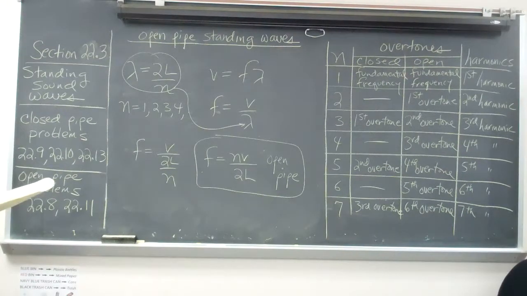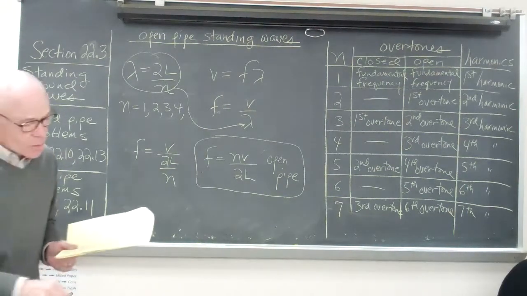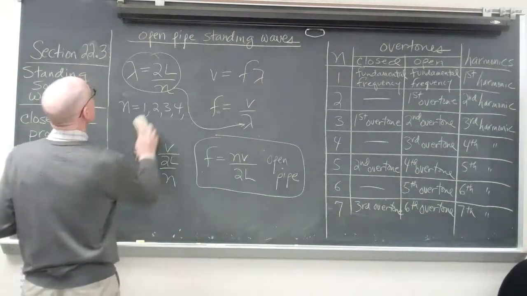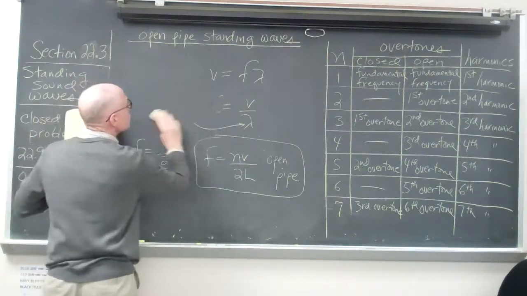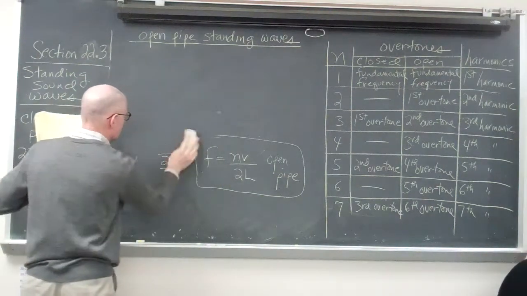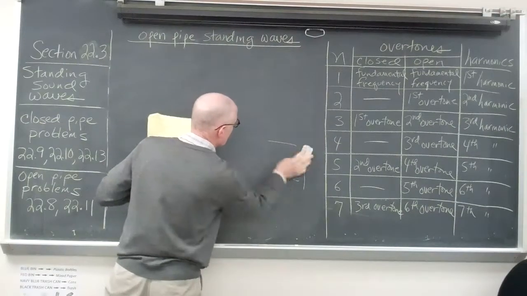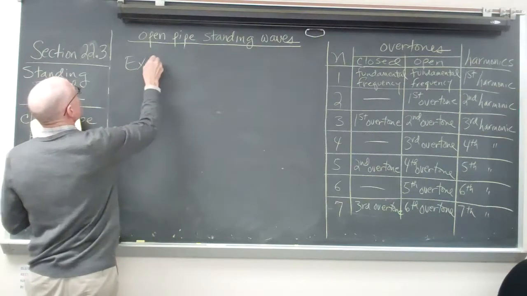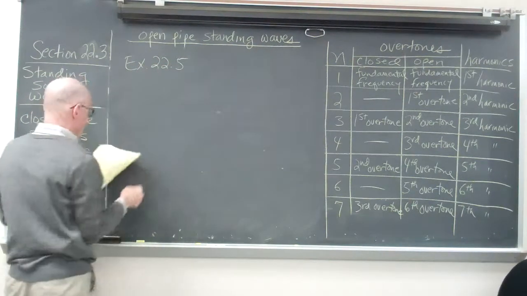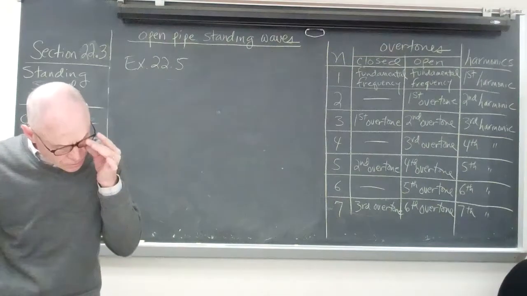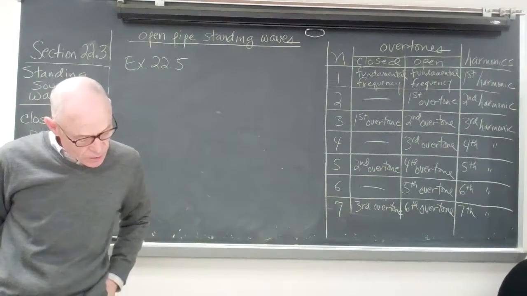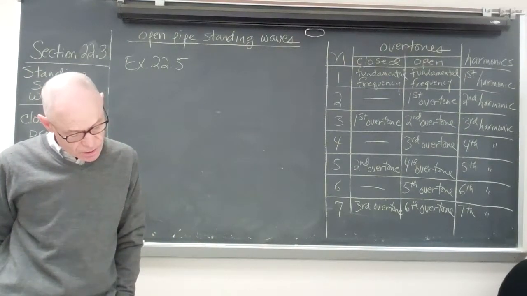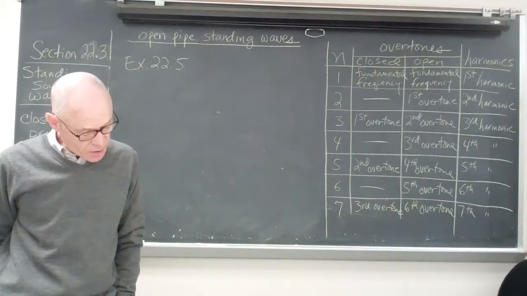So let's demonstrate this using the example at the bottom of page 447, example 22.5. So in this example, you're actually being asked to calculate the length of the pipe, and you're given everything else that you need.